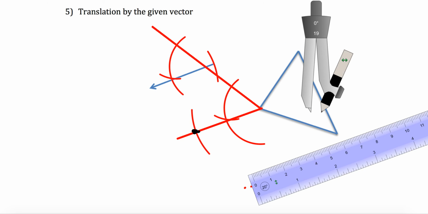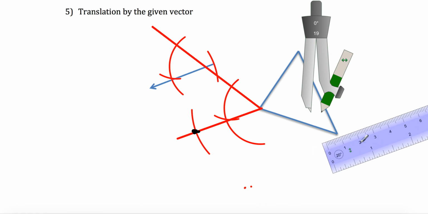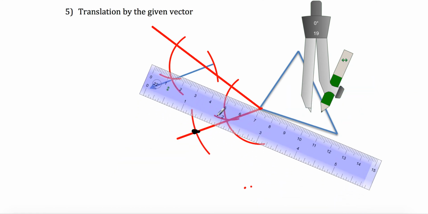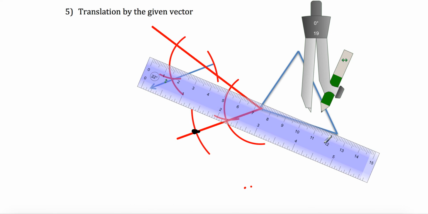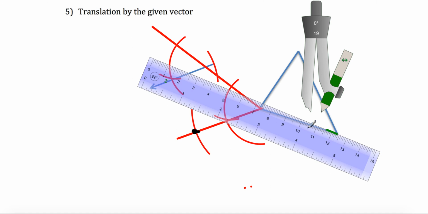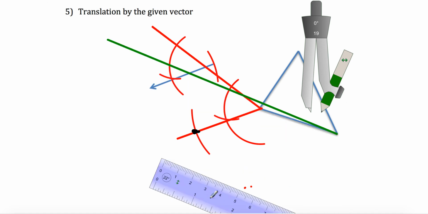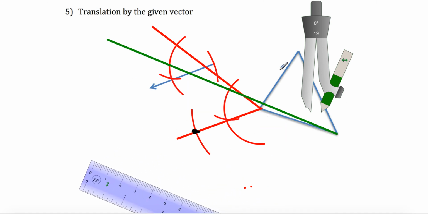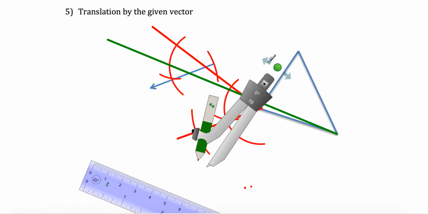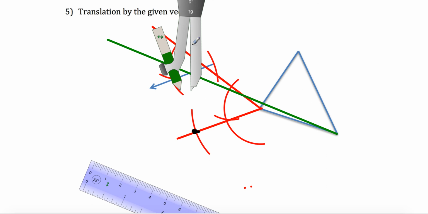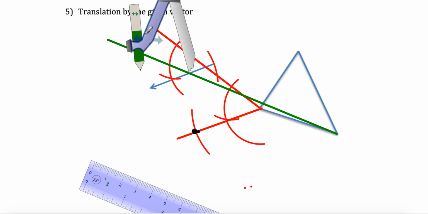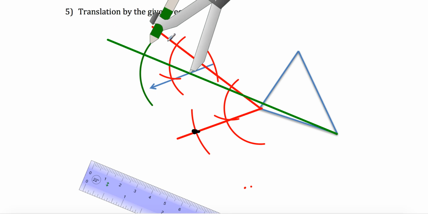How about the second point? I'm going to use the green. Okay, so now the second one is the green angle here. From this intersection, I'm just going to draw an arc.